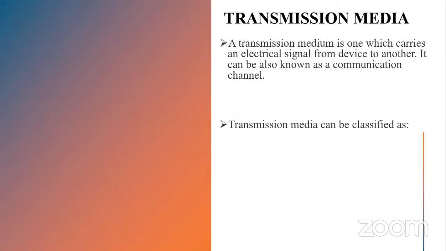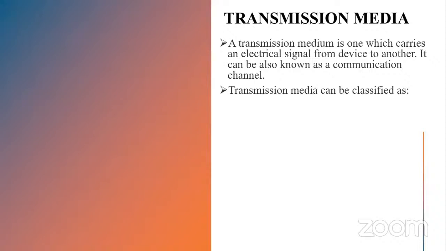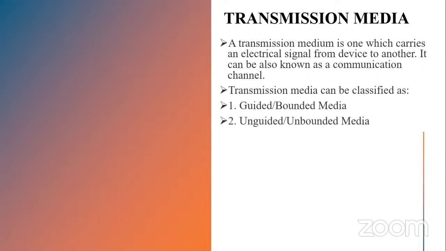And the next one, the transmission medium can be classified into two categories. The first one is guided or bounded medium, and the second one is unguided or unbounded medium. It is very important, friends.